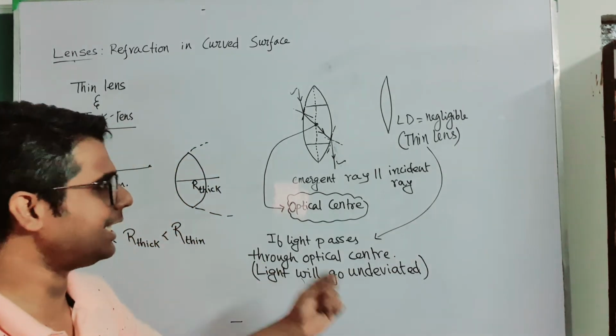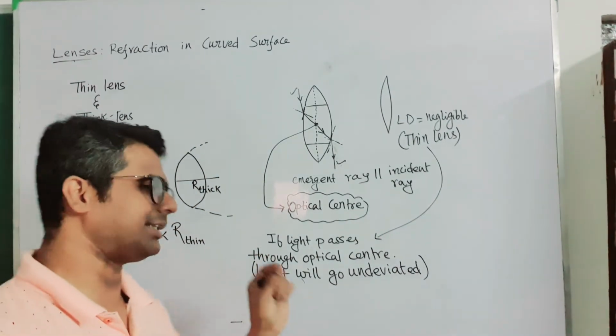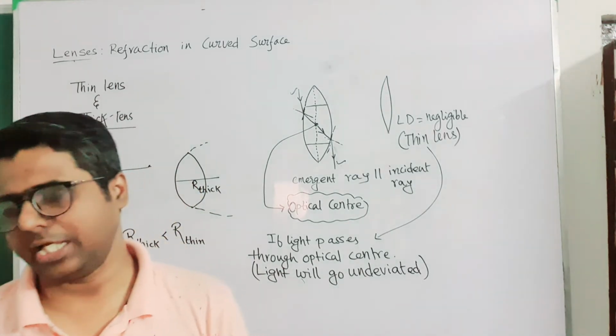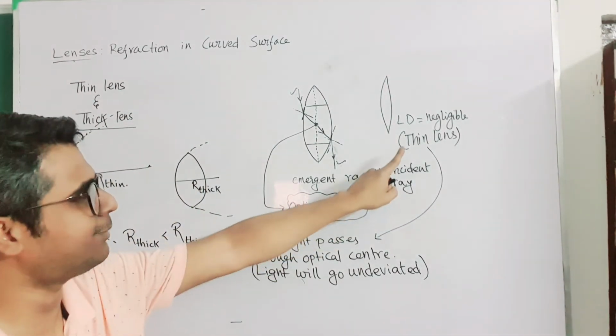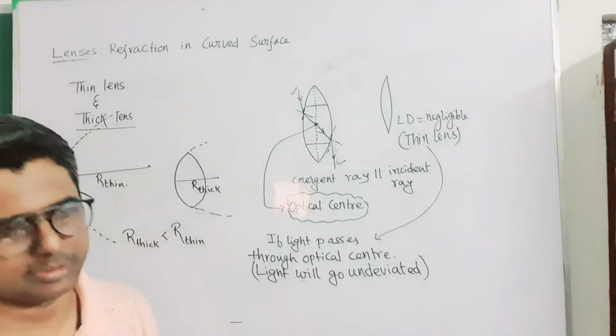If I take a thin lens and if the light is passing through the optical center, then light will go undeviated. Light is not going to deviate because the lateral displacement is very, very negligible.